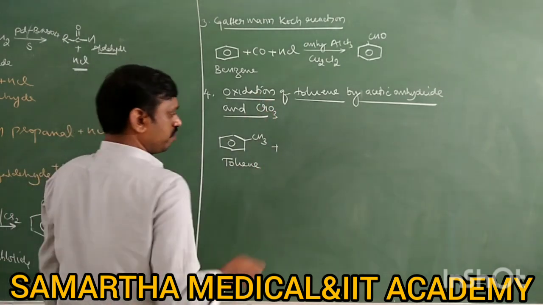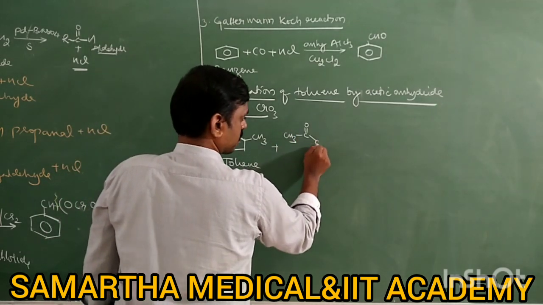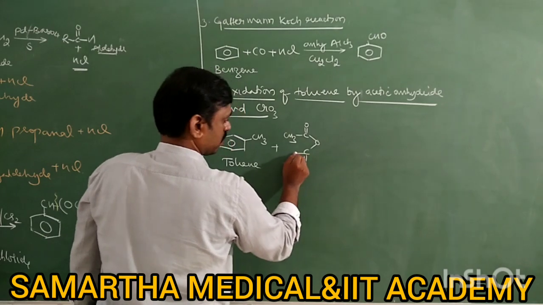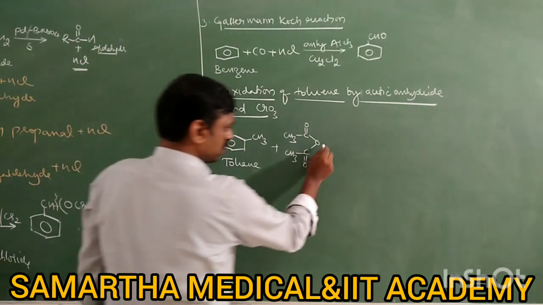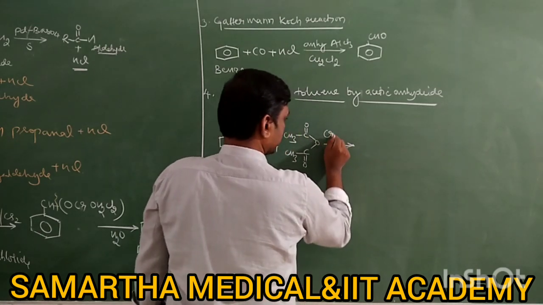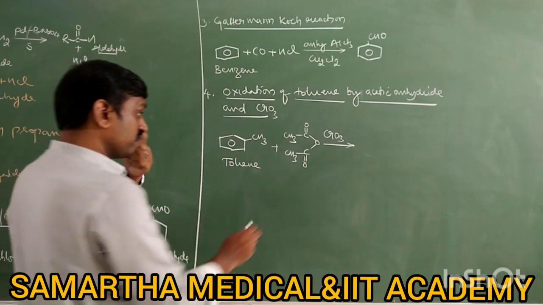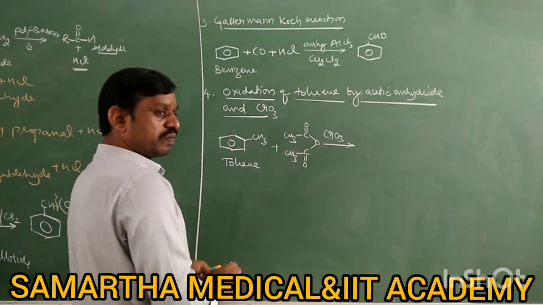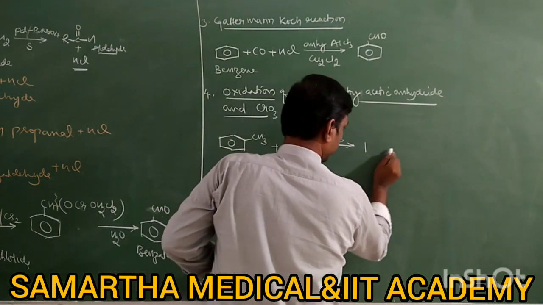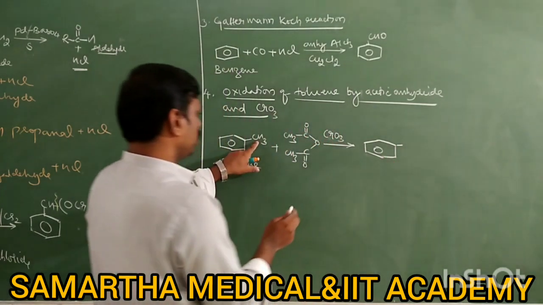It is treated with acetic anhydride, this is acetic anhydride, in presence of chromium trioxide CrO3. In presence of chromium trioxide, now it undergoes partial oxidation. It forms first an intermediate. Here also there are 3 hydrogen.